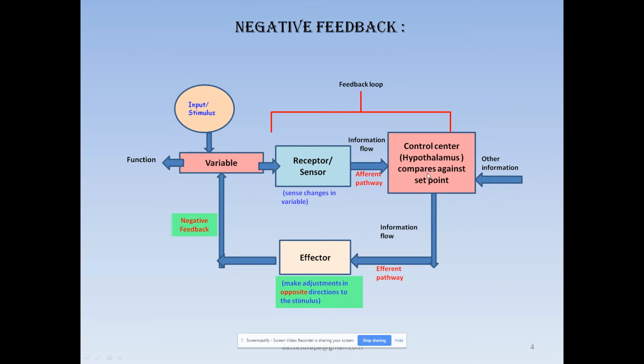The control system compares it with the set point value, and after analysis it is conveyed to the effectors. The effectors then make necessary adjustments in the opposite direction to the stimulus, thus taking the system back to the stable condition. This is homeostasis. So in negative feedback, body homeostasis is regained.